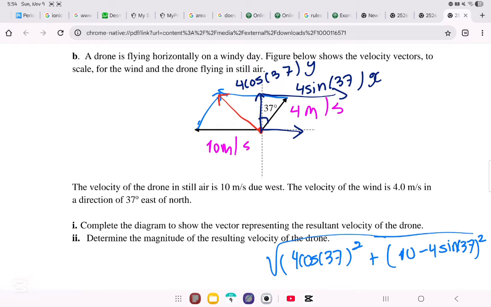Okay, I need to square everything. 4 cosine 37 squared plus 10 minus 4 sine 37 squared. And what will we get as an answer? We will get an answer which is 8.2 meters per second.